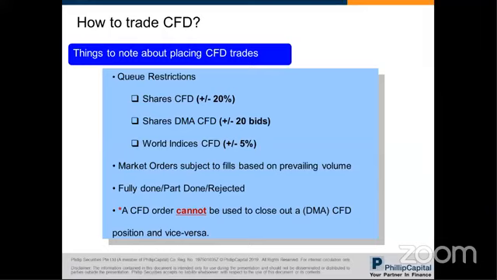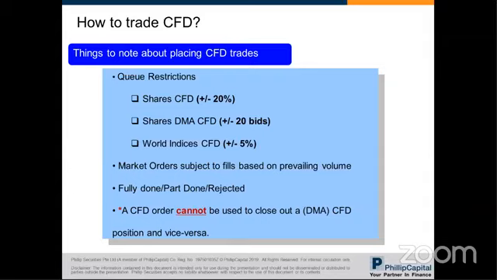You can get a position in the stocks version, which is basically the normal share CFD, and you can also take a long position using the DMA version, that means direct market access. In the DMA case, you submit the order through the exchange, and with the normal share CFD you take a position directly with us.